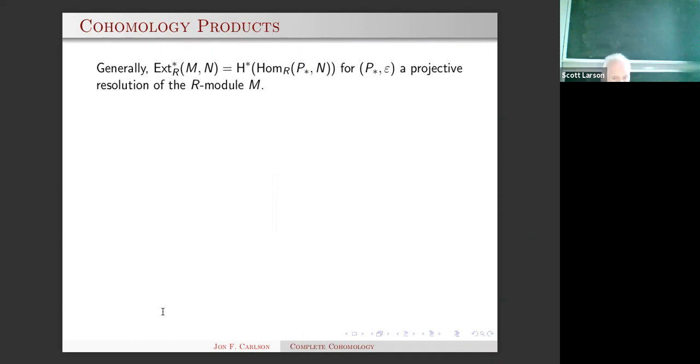Okay, so generally, if I wanted to find Ext from M to N for any ring R, the standard thing is you take a projective resolution of the module M, and then you take the homology of this cochain complex, which is Hom_R from the projective resolution of M into N. This is a standard construction that you would read about in any book on homological algebra.